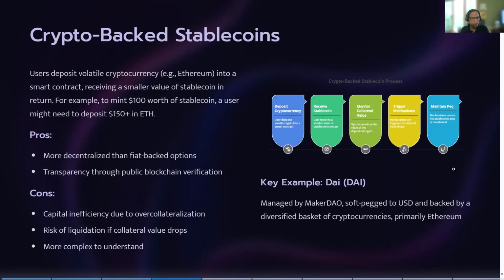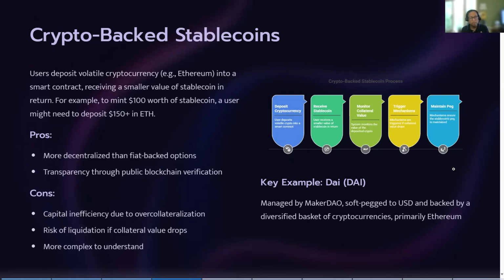And what are the cons? There's capital inefficiency due to over-collateralization. Basically, if anybody wants to purchase a stablecoin, they need to make sure that the value they are getting is not based on one single person having a lot of stablecoins. Say, in an Ethereum-based network, if one person owns more than 51% of the stablecoin, then that person can tilt the market by selling or buying more stablecoin.